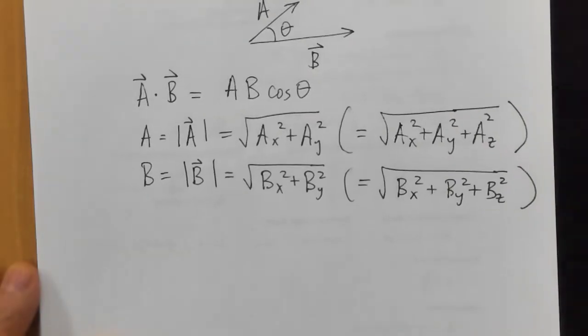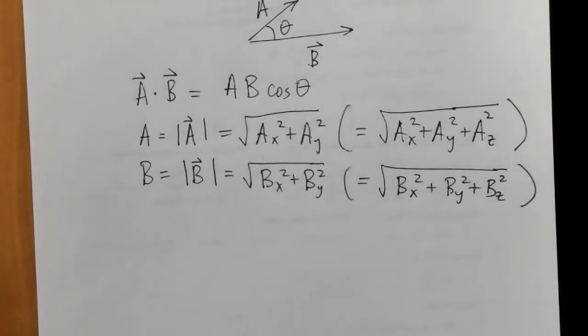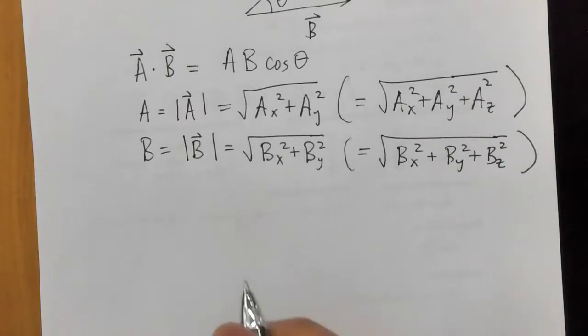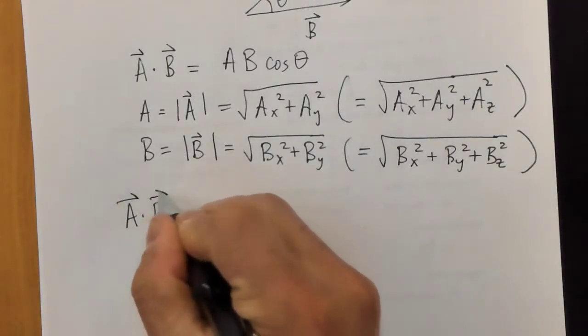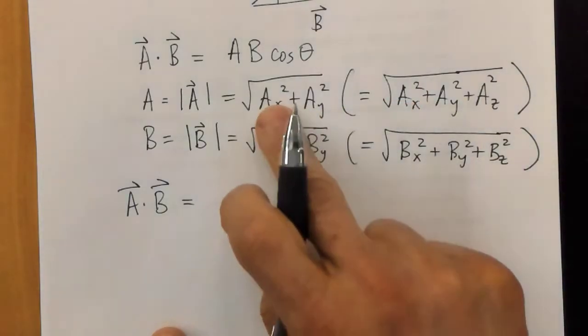Now, the thing I want to give you that we haven't discussed yet is that the product A dot B can also be written in terms of the components AX, AY, AZ.